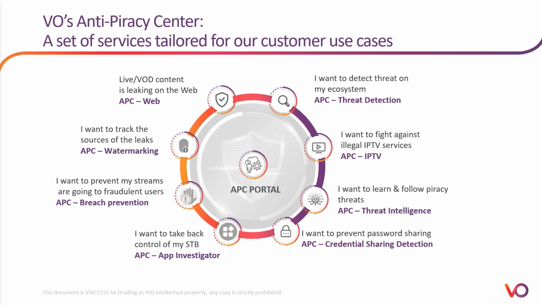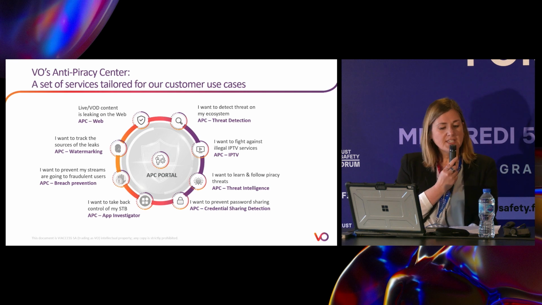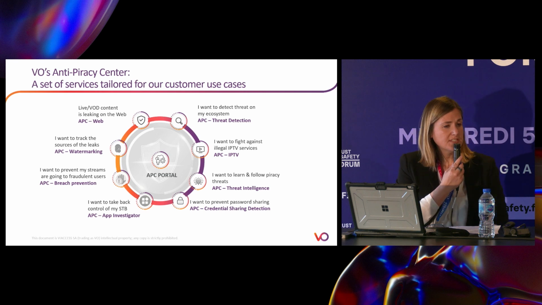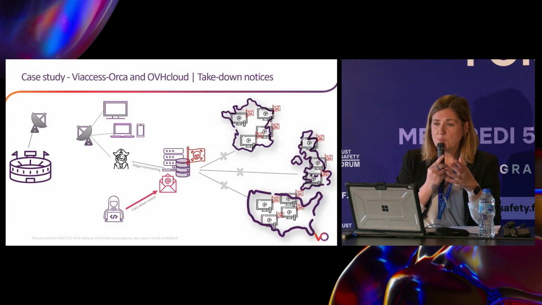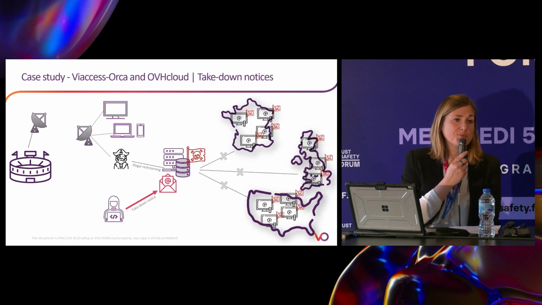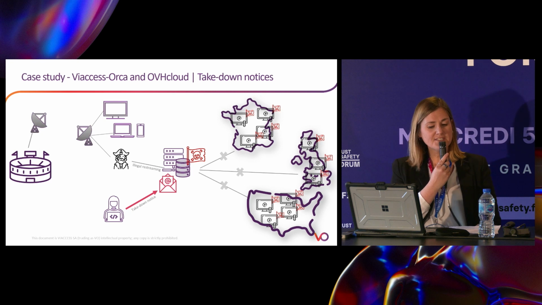For the case study of today, we speak about what we call APC IPTV, our anti-piracy service to fight against illegal IPTV services that I described previously. A possible way of action with this type of service is to use what Alexandre said, the takedown notice or DMCA notice.